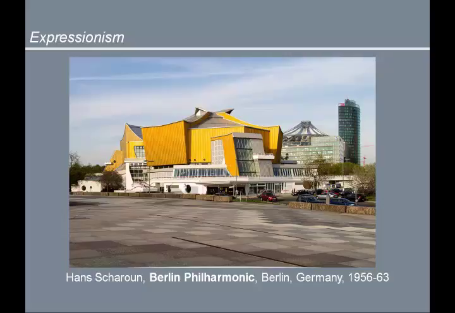We're going to see different threads through the 20th century that ebb and flow, but there might be continuous moments or continuous expressions, and that is definitely true of Expressionism. This particular building, the Berlin Philharmonic, was completed in 1963, and we see Scharoun's organic and futuristic aesthetic as interpreted for a concert hall. And it was a replacement for a previous Philharmonic hall that was destroyed in World War II.